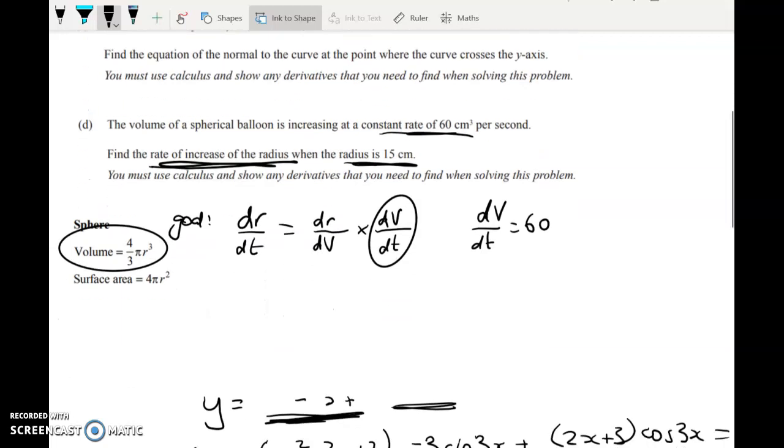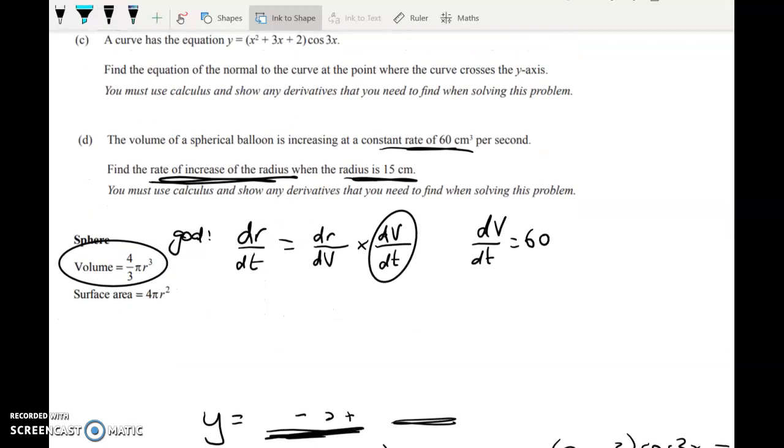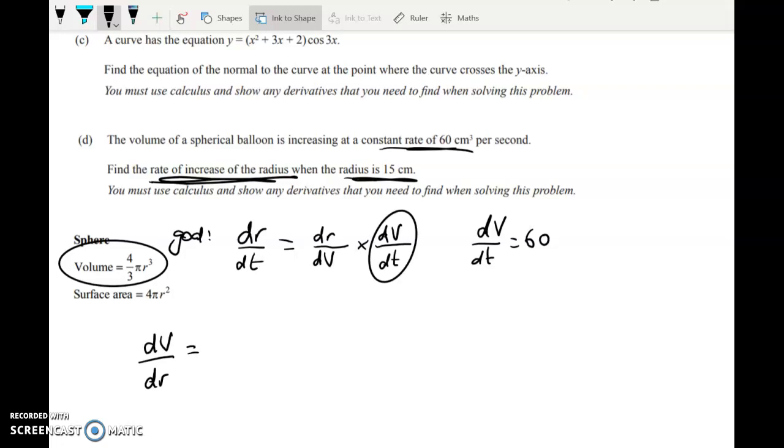And dr by dv is easy to get if we remember that we can just use dv by dr to start us off. So dv by dr is 4 pi r squared. So dr by dv is 1 over that, 1 over 4 pi r squared.